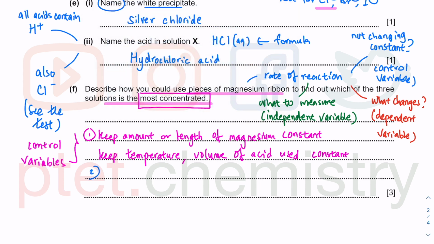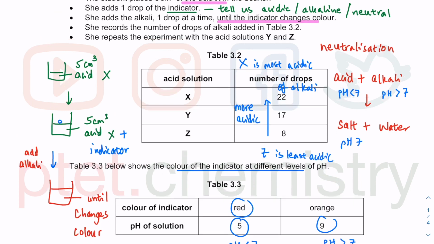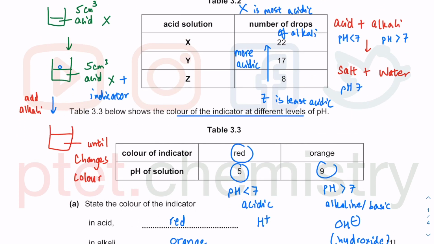So what are we changing? Change only the concentration of the acid. So basically use different acids, i.e. use acid X, Y, and Z. As you were told, X, Y, and Z have different concentrations, and our job is to find out which one is the most concentrated by a different method using magnesium.